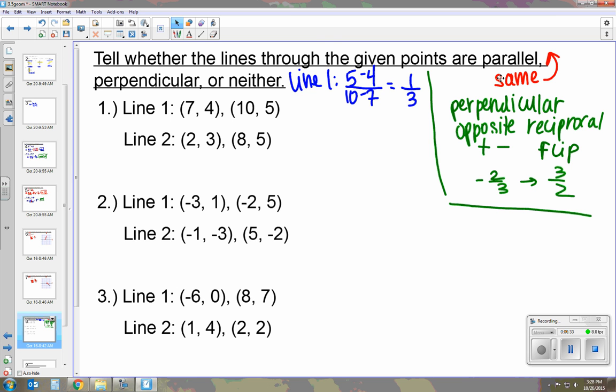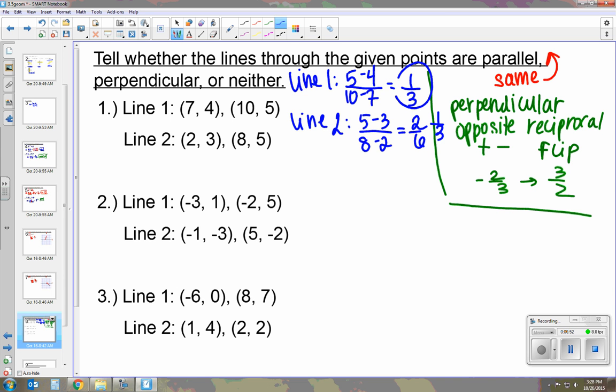Now for line 2, I have a 5 minus 3 over an 8 minus 2, and I get 2/6, which simplifies to be 1/3. Now, since these slopes are the same, line 1 and line 2 are going to be parallel.